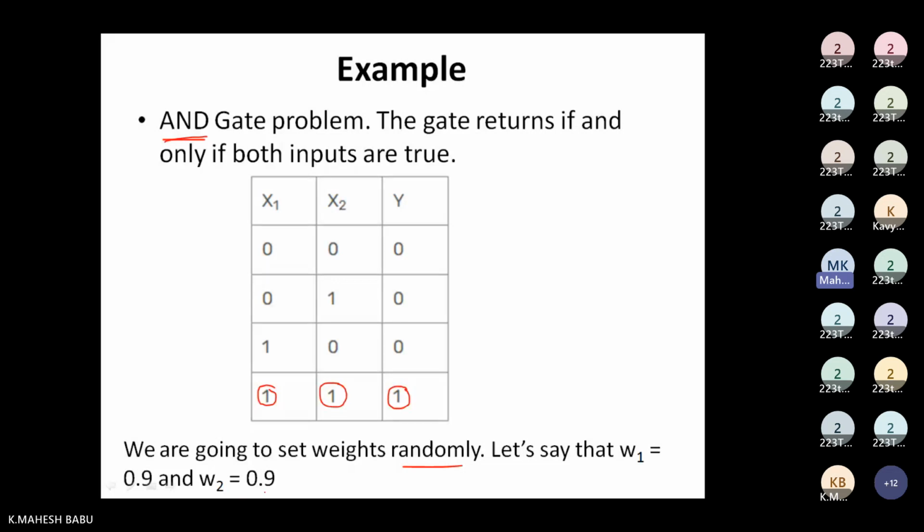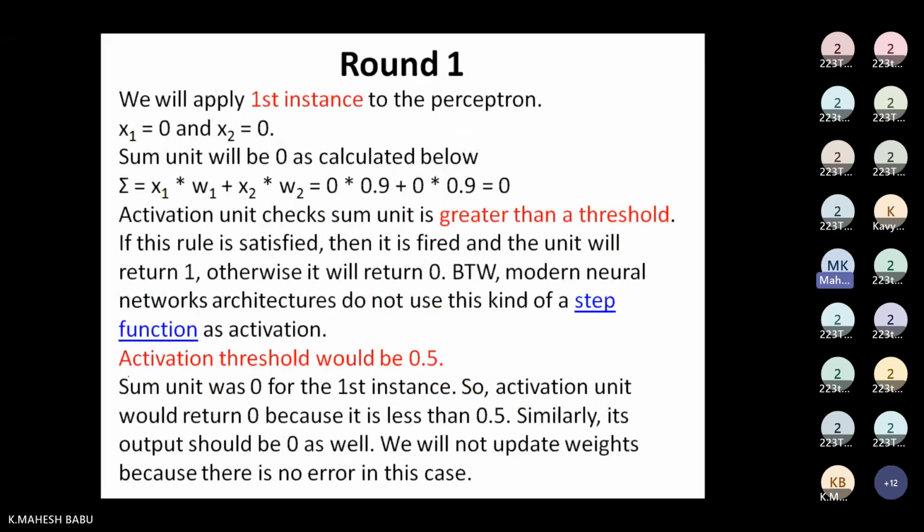There are two inputs, X1 and X2, and each has a weight of 0.9. These are the random weights.